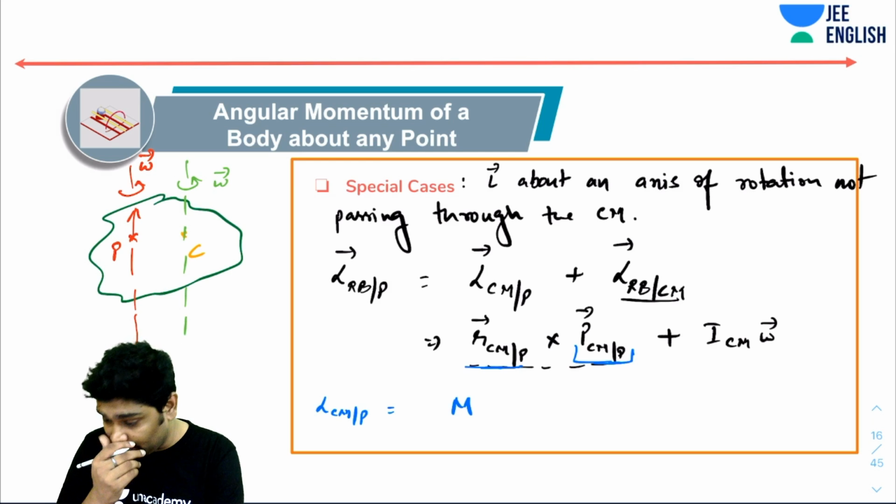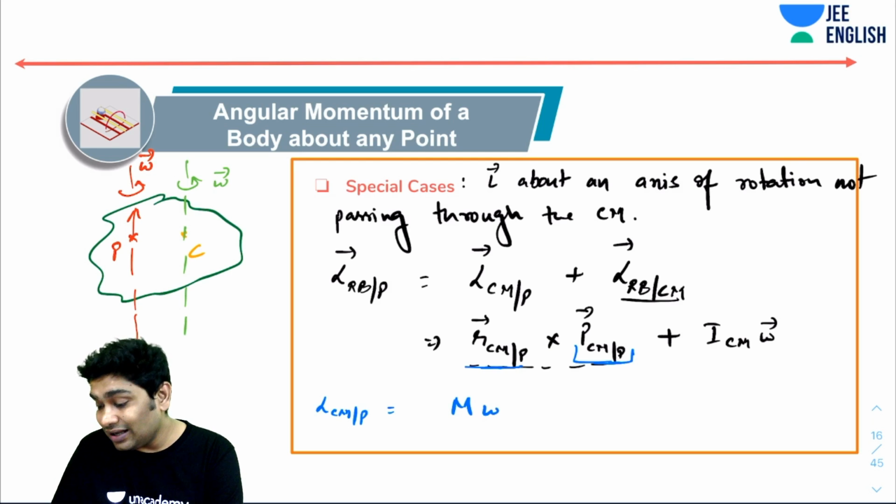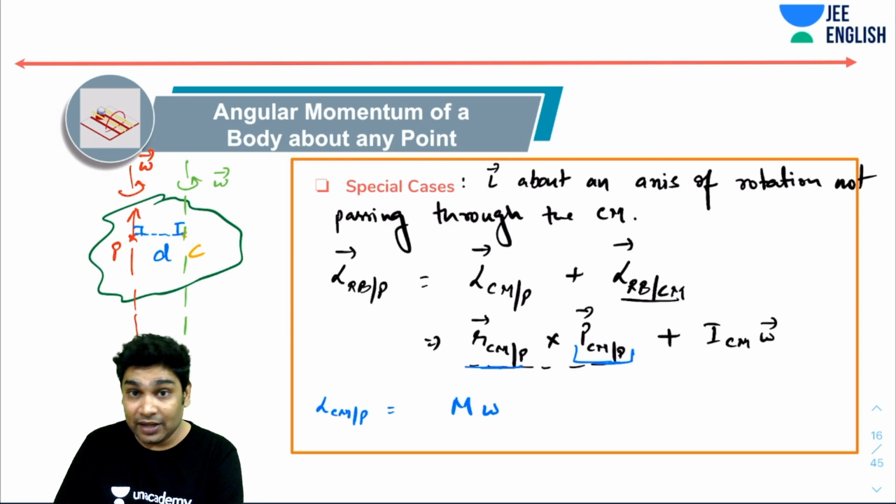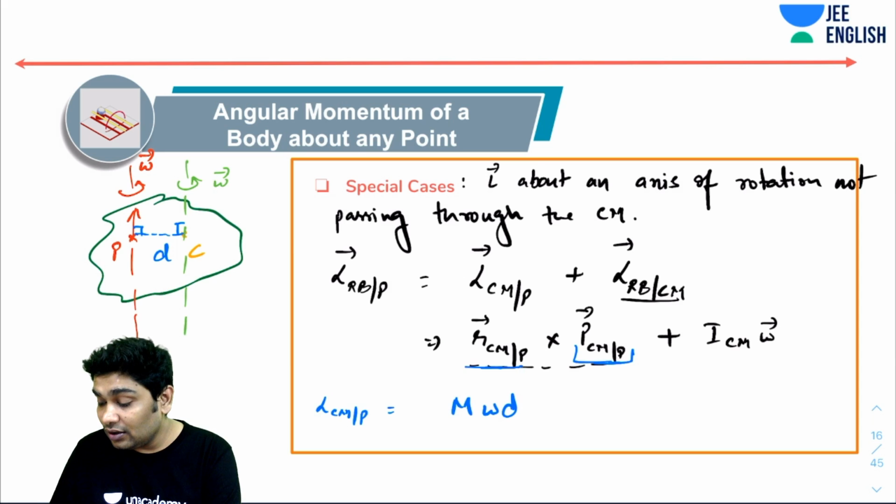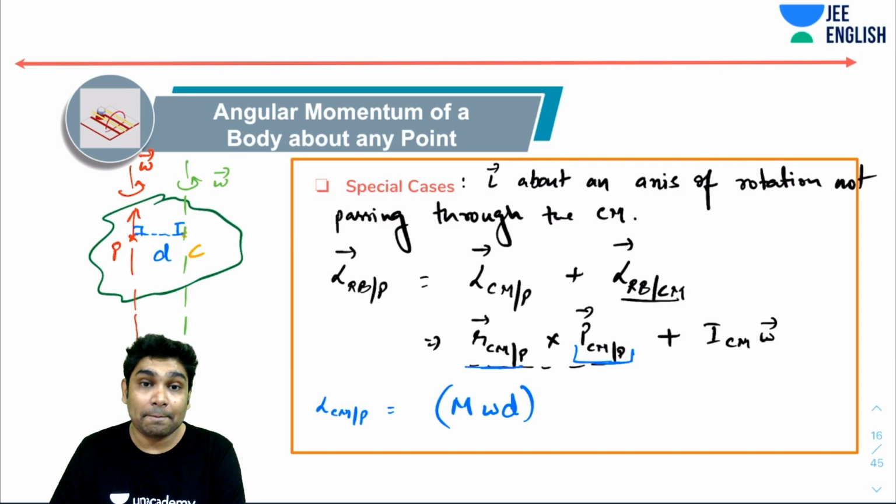The velocity of the CM would be omega times R perpendicular. If I call the perpendicular distance between the two axes D, then this will be M omega D.